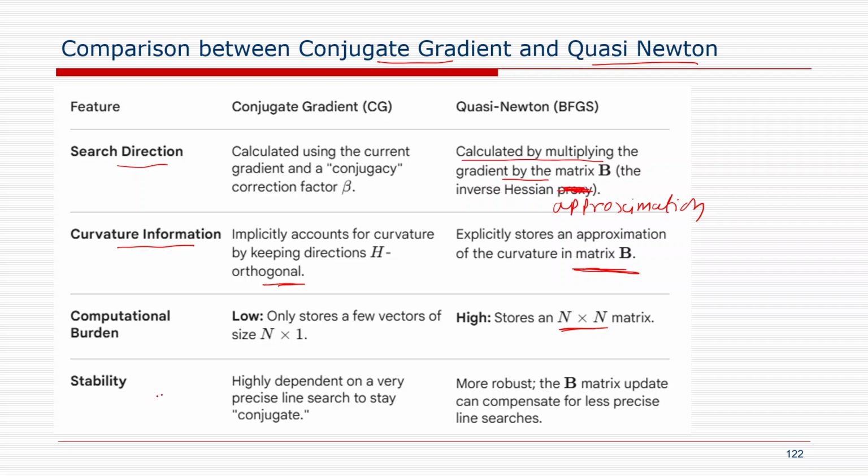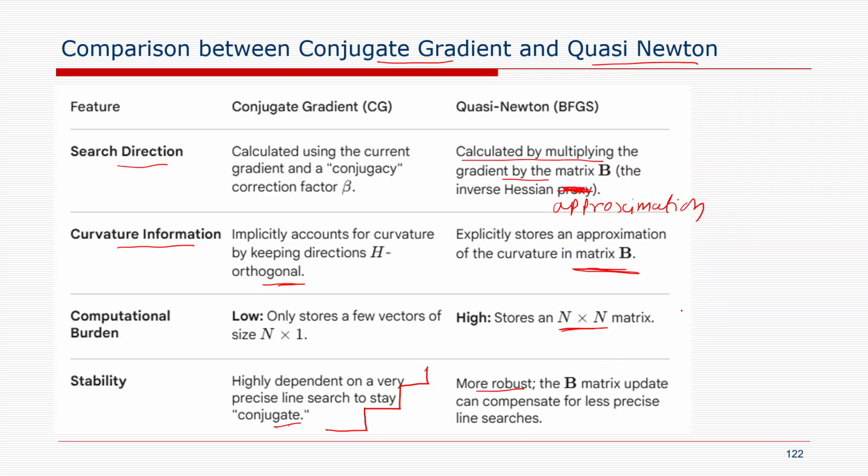And then stability. Conjugate gradient depends highly on a very precise line search to stay conjugate. When the search direction has started, if it goes perpendicular like this, next it once again has to go in the perpendicular direction, because that is the objective of conjugate gradient. But quasi-Newton is more robust because the matrix update can compensate for less precise line searches.